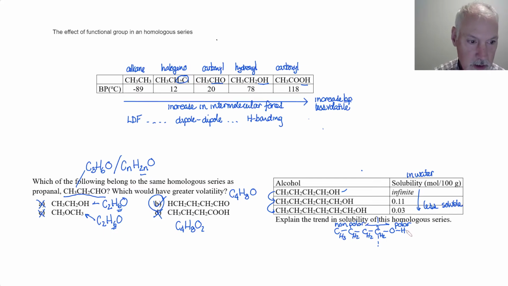The polar part of the molecule is attracted to water. The nonpolar is not. As we move down this table, the nonpolar size is essentially becoming larger and larger, whereas the polar segment of the molecule remains the same. So as we get to longer and longer molecules, the nonpolar aspect of the molecule tends to dominate, and we become less soluble. So that's it for a brief summary of homologous series.